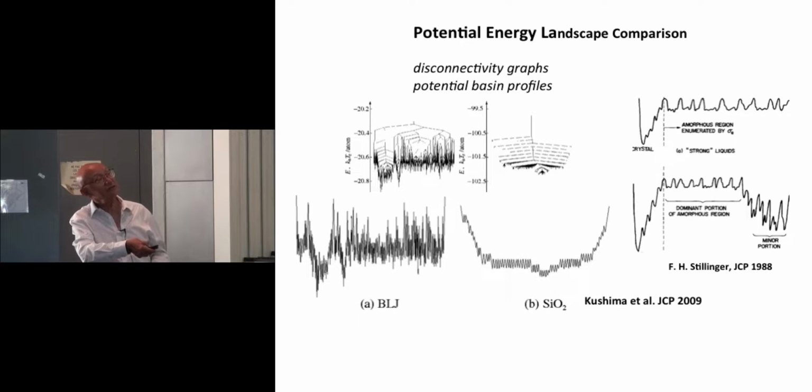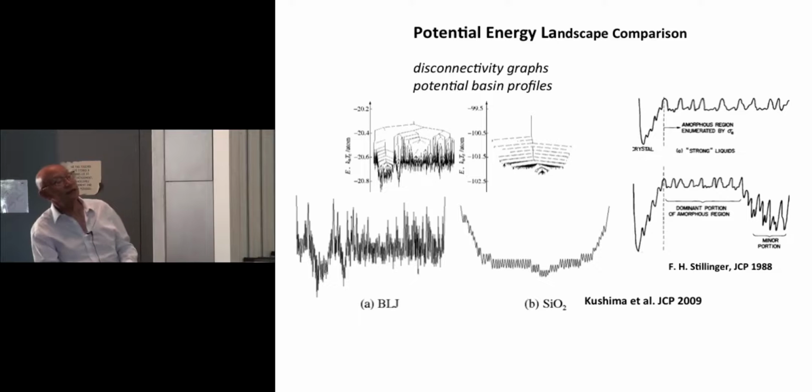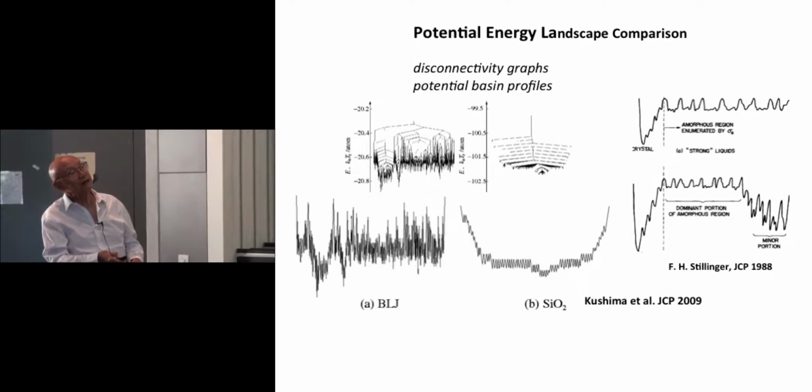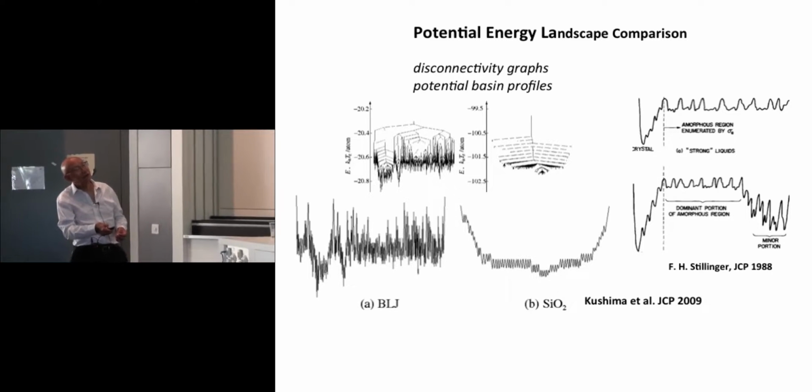You can see we're giving a quantitative meaning to the ideas of potential energy profile for fragile and strong liquid, which was first put out by Stillinger back in the 80s and 90s, and which he just sketched. This, he said, was a very smooth landscape. He called that for the strong, and this he calls a rough energy landscape.